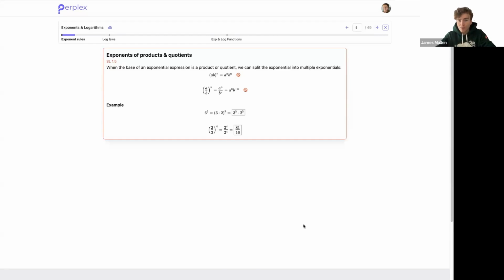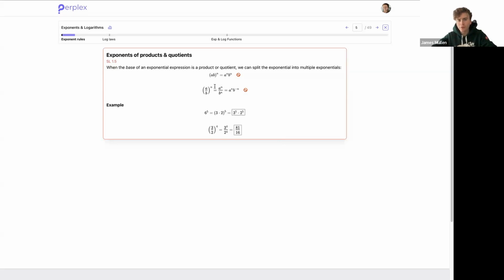Okay, now the exponent of a product and quotient. If I have ab to the power of n, then if I wrote that out, I would have ab, ab, ab in my product, and I can rearrange the terms because multiplication doesn't depend on order, and I'll find a to the n times b to the n.